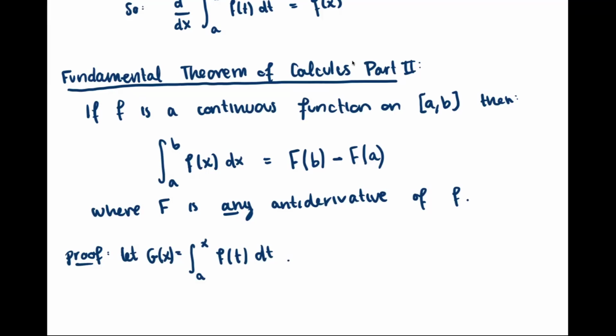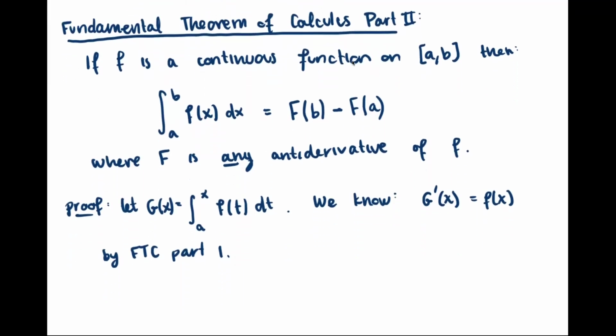So we know that G prime of x is equal to little f of x. Okay, what I need to show is that if I have any antiderivative, capital F, then the definite integral is computed this way. So I'm going to let capital F be some antiderivative.